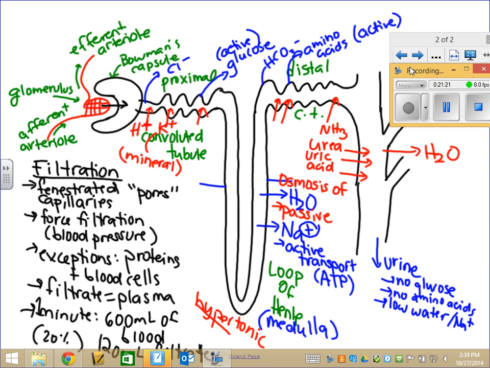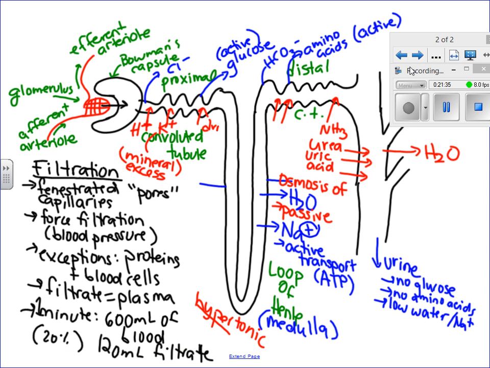And so any mineral or vitamin that is in excess will be secreted into your filtrate so that you can get rid of it. The other things that will go in would be things like excess drugs. So if you've been taking medication, if there is excess of it, if it is a recreational drug, the same thing would occur.